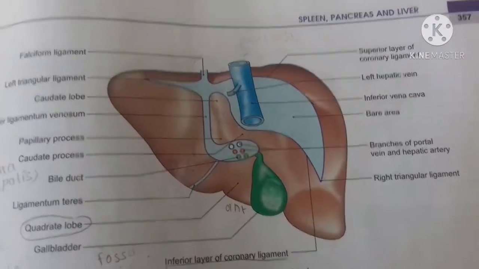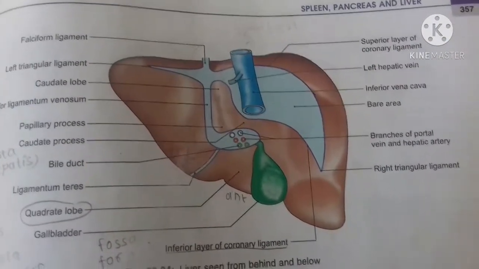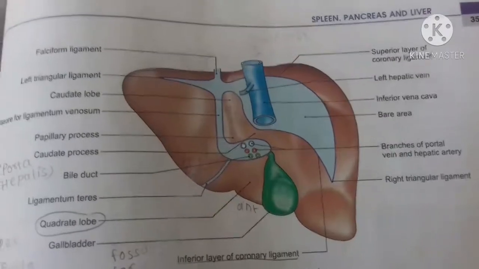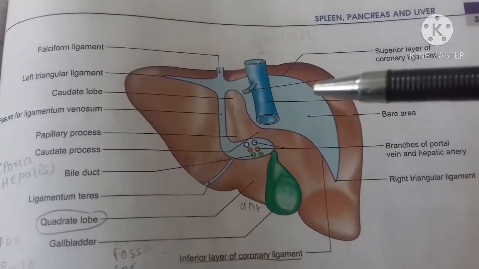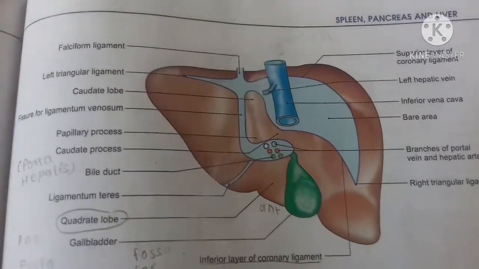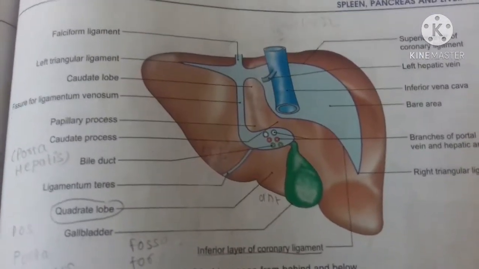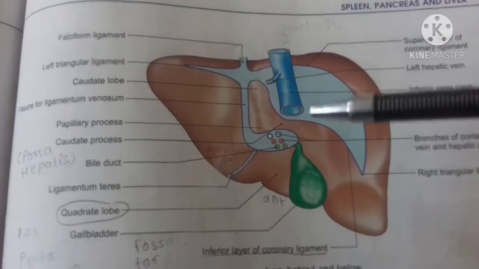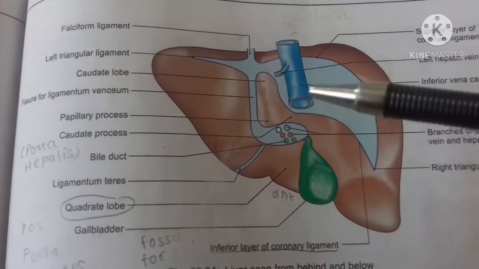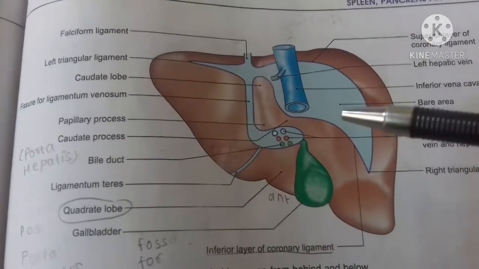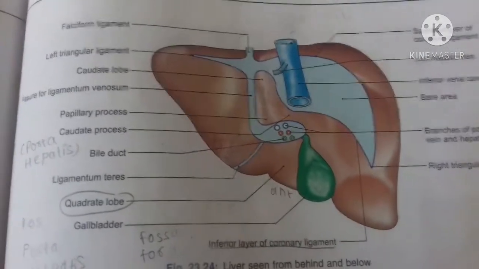Now we come to the relation of the posterior surface. First, the bare area on the posterior side of the liver is related to the diaphragm, and it is located near the lower end of the inferior vena cava.